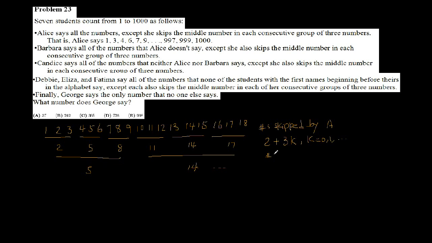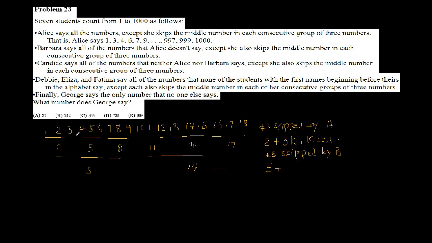Right? Now you can see the numbers skipped by B start with 5. And how many numbers to skip 1?